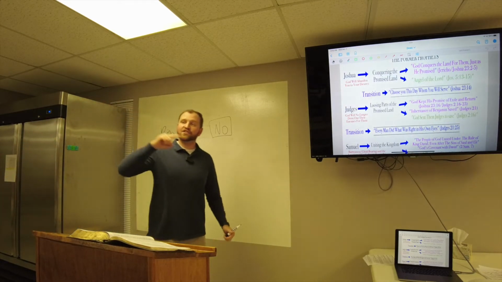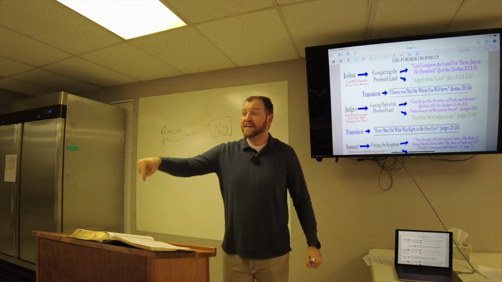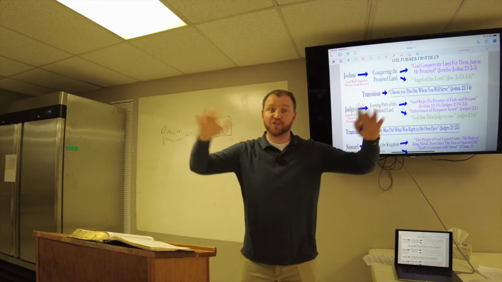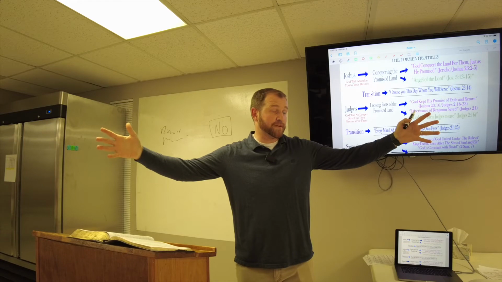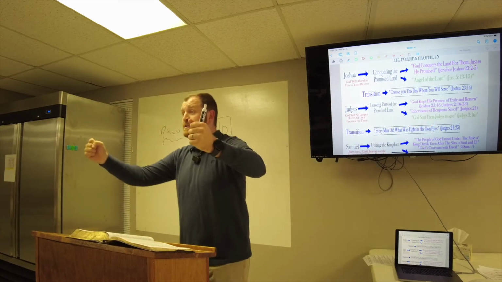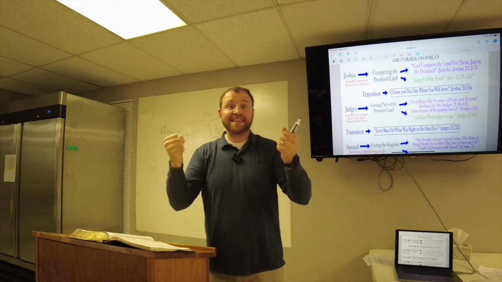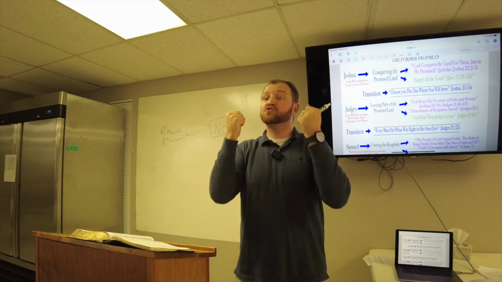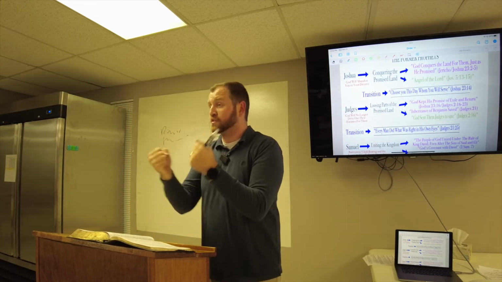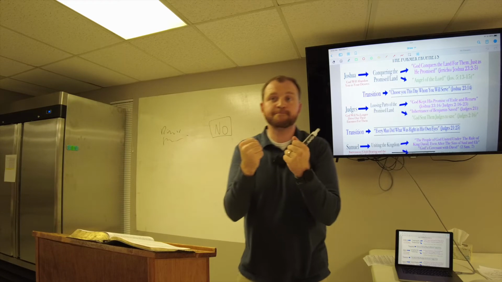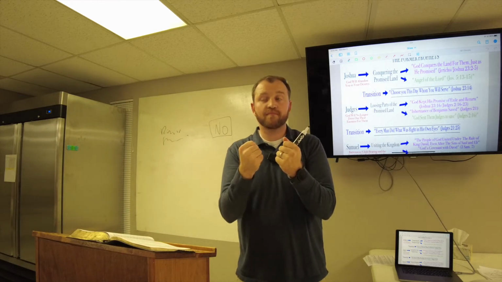Right, when we get to the story of Rahab, she's the character that solidifies this for us. When they go into Jericho and they find Rahab, what does Rahab's conversation with the two spies look like? What does she tell them?